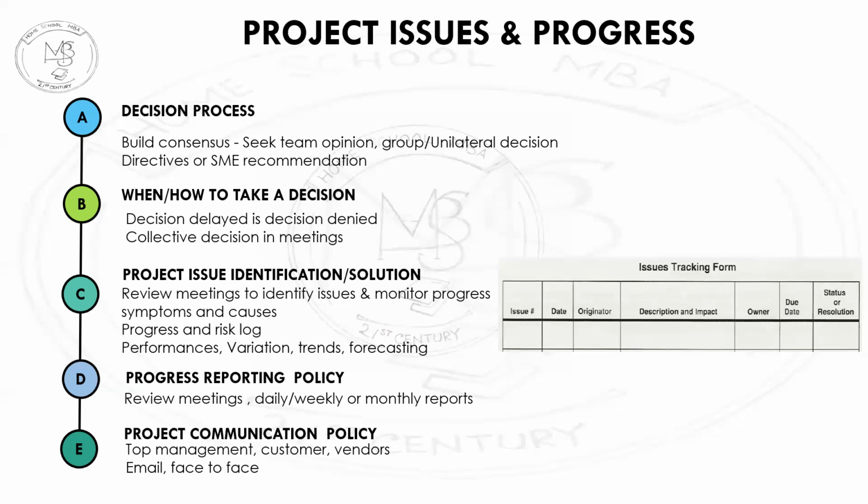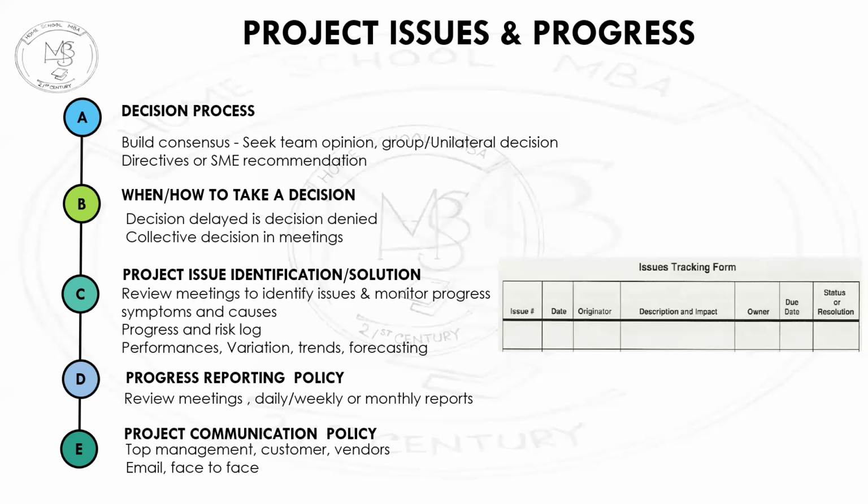And then you have very rightly listed the issue tracking format. That is the issue, then date, then originator, and description, and impact, and then who owns it and due date and status or resolution. This is the kind of reporting system, what you call the issue tracking form reporting system.